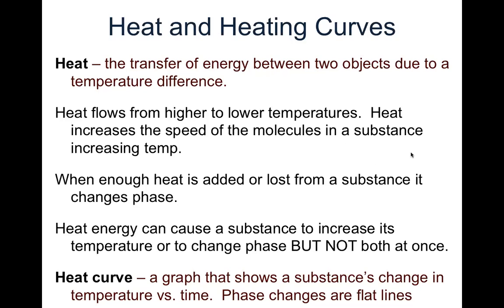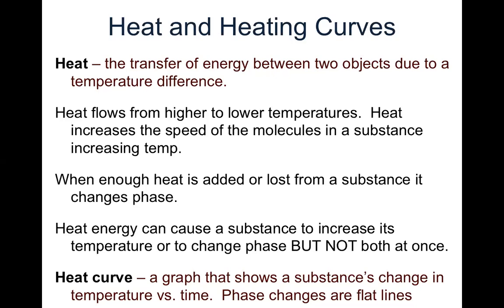So the energy that goes into a substance can be used to do one of two things. It can be used to raise its temperature, or it can be used to separate the molecules and change from a solid to a liquid or a liquid to a gas. Because remember, in a solid, the molecules are really tight together.